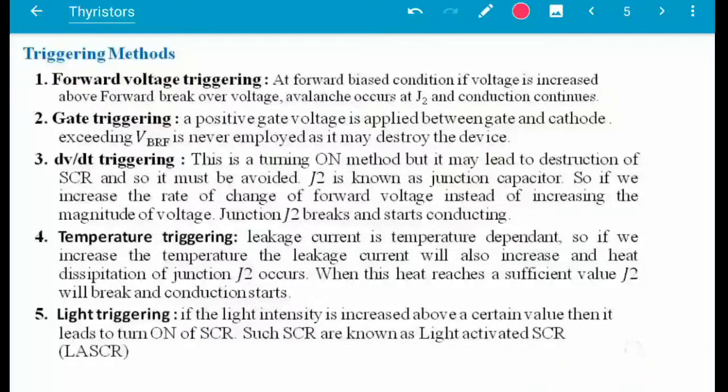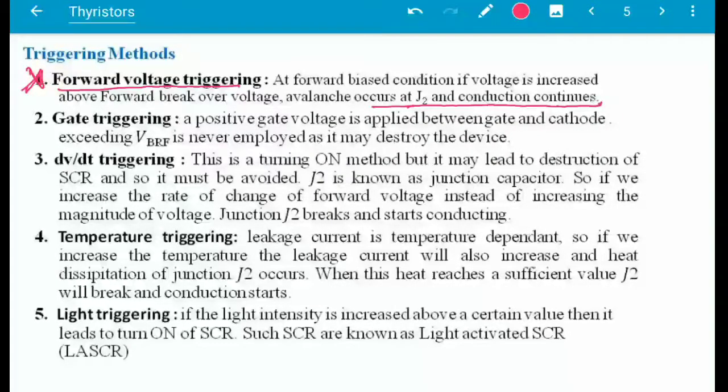So this is forward voltage triggering, that is, in forward biased condition, if the voltage is increased above the forward breakdown voltage, the avalanche occurs at J2 and conduction continues. This is not preferred.